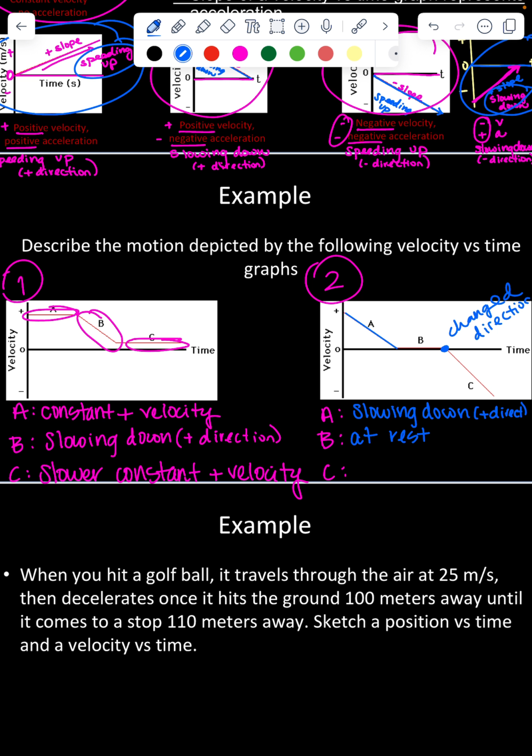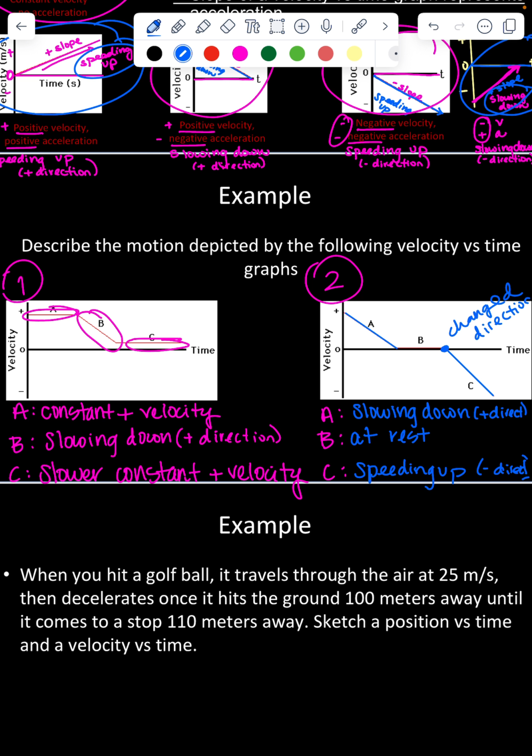If you ever have that crossover from positive to negative, that means that you have changed your direction. So C, we have that negative slope just like we did with A, but our line is trending away from 0. So a negative slope does mean that we are speeding up, but this time we are in the negative direction.